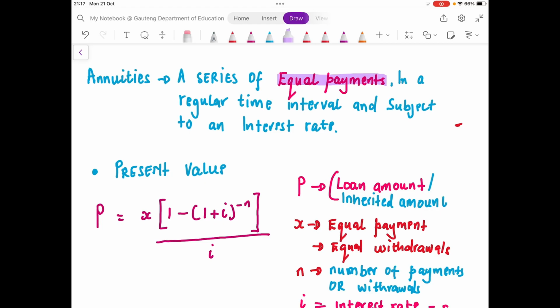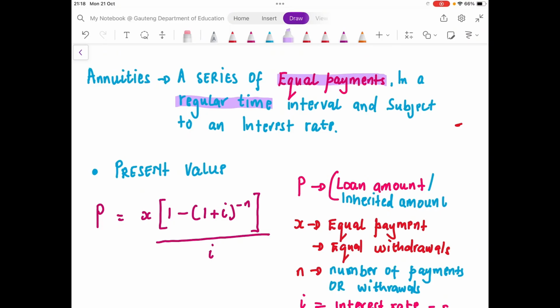So these withdrawals or payments or deposits must happen in a regular time interval. For example, you are paying every month, every 3 months, semi-annually, or every year. So that is a regular time interval and subject to an interest rate.